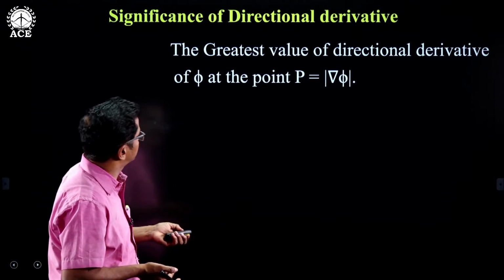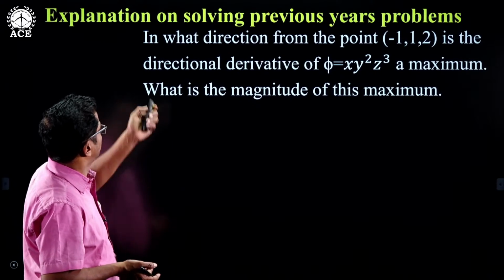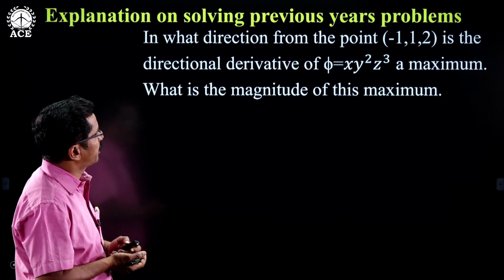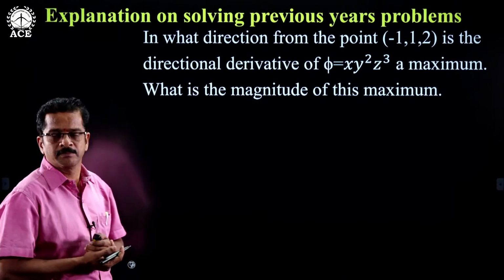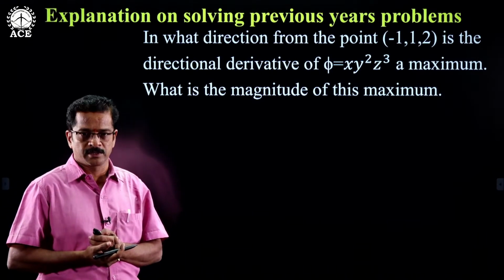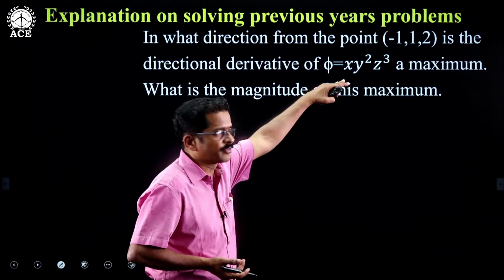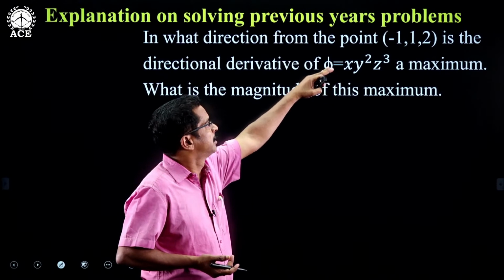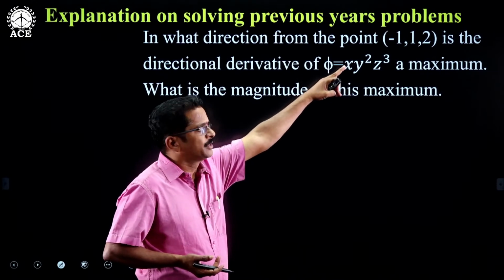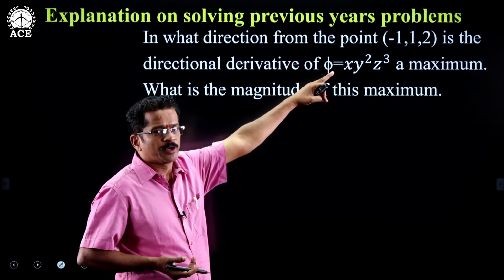Right? So now let us see one problem. In what direction from the point minus 1, 1, 2 is the directional derivative of phi maximum?